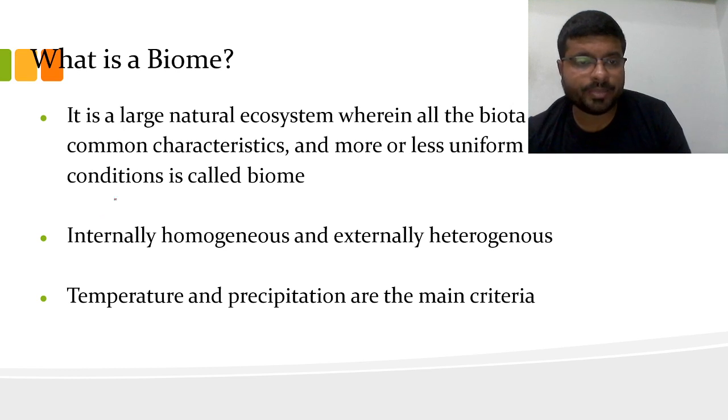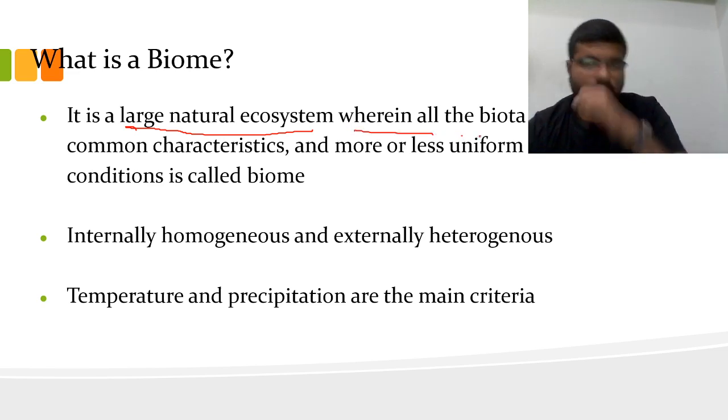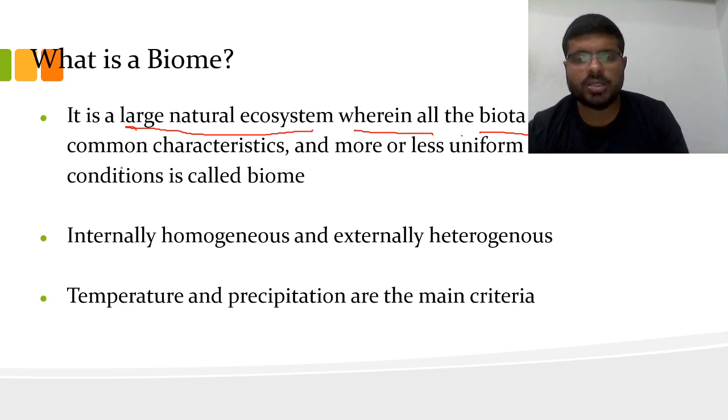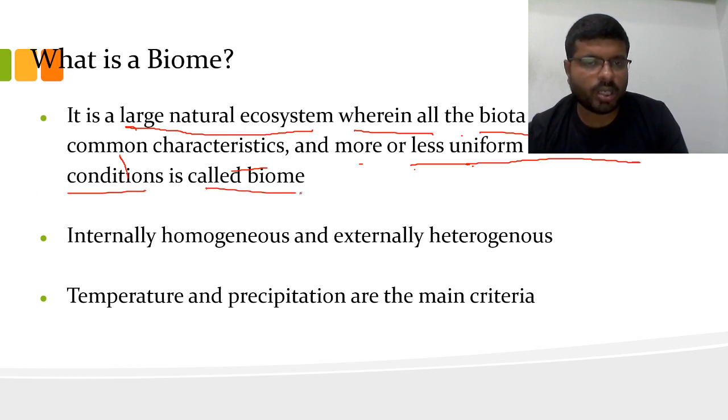A biome is a large natural ecosystem, as I told you, wherein all the biota, that is animals and plants, have a set of common characteristics and more or less uniform environmental conditions. So uniform environmental conditions, wherever you find them, is called a biome.